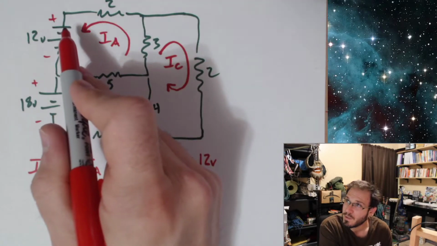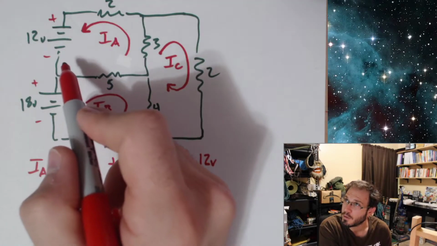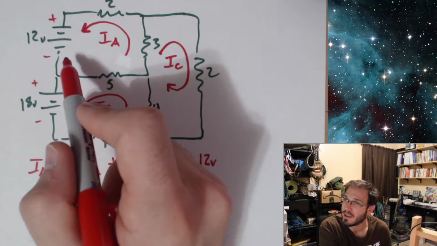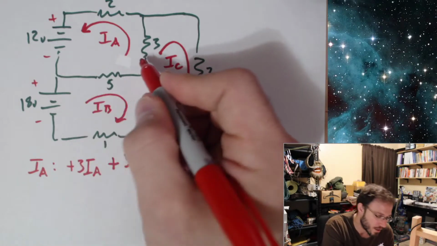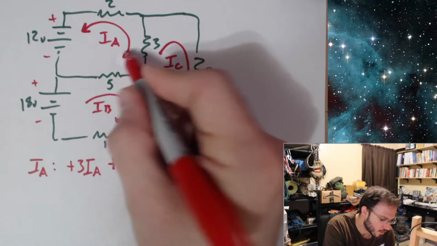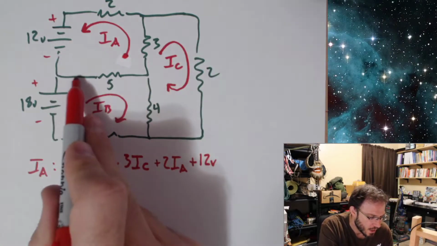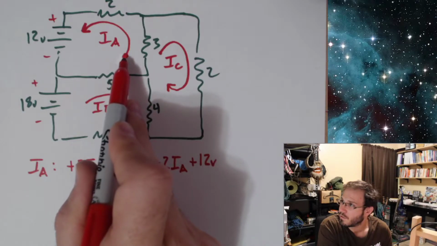But notice we didn't finish our loop once we got to the other side of our 12 volt source, because I started over here. If you need a little reminder, feel free to just put a little dot where it starts.